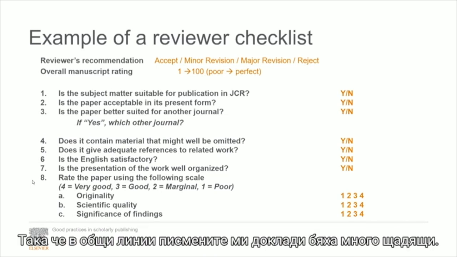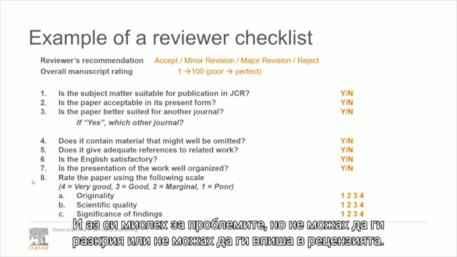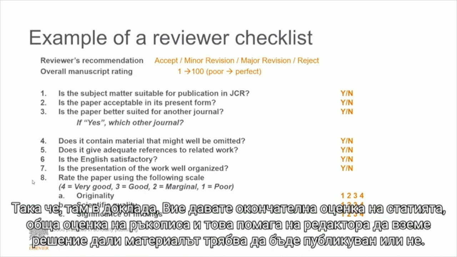So my written report was very soft, and I felt stronger about the paper, but I could not disclose it or couldn't put it simply in the review. So there is the checklist, and you give a final score to the paper, the overall manuscript rating, and that helps the editor to make the decision whether the paper should be published or not.